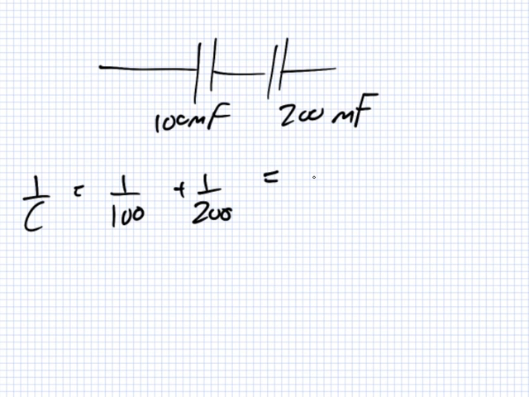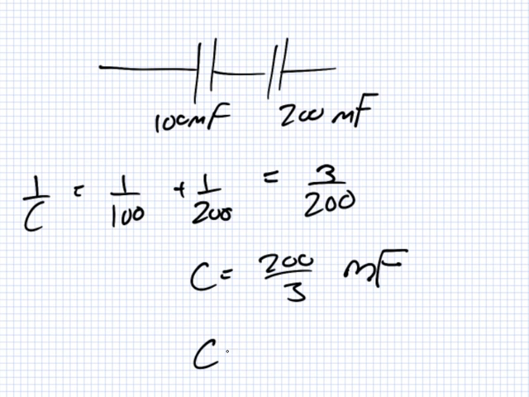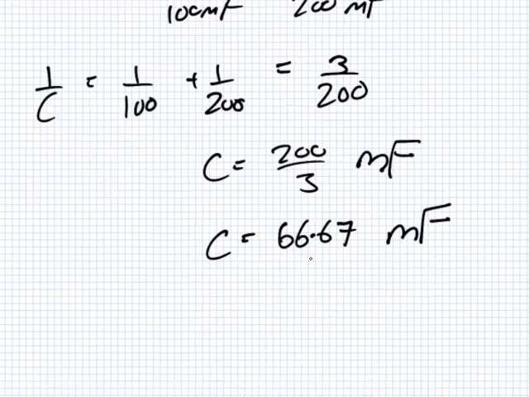What's that now? That's 3 over 200. So the capacitance is 200 over 3 millifarads. So the capacitance is, what's that? Yeah, 66.67 millifarads. Okay, what's the next part I ask you for?